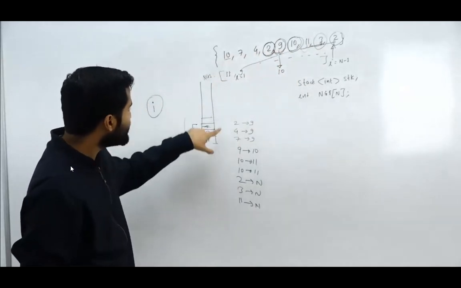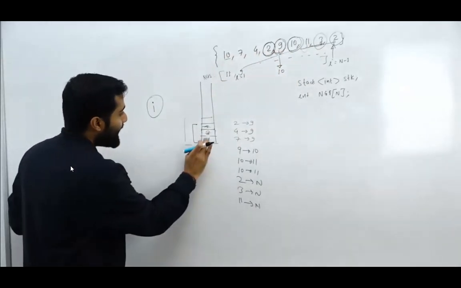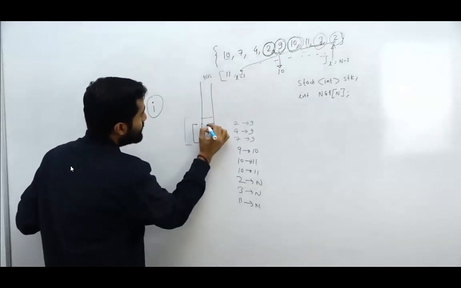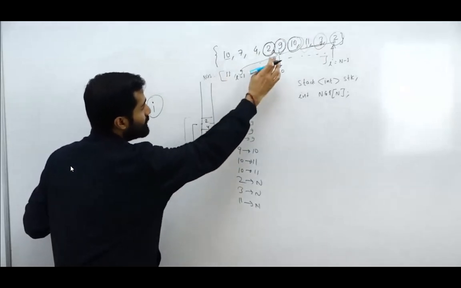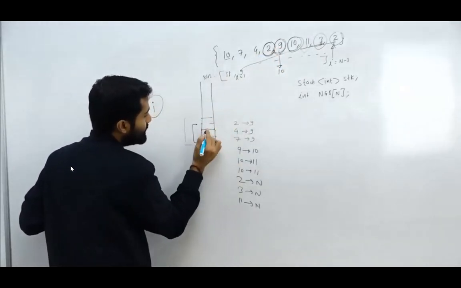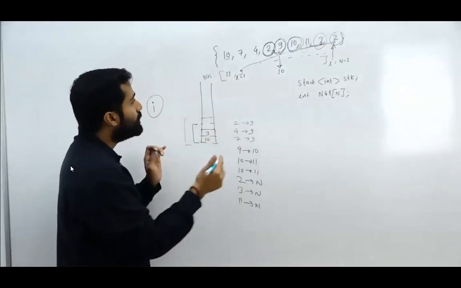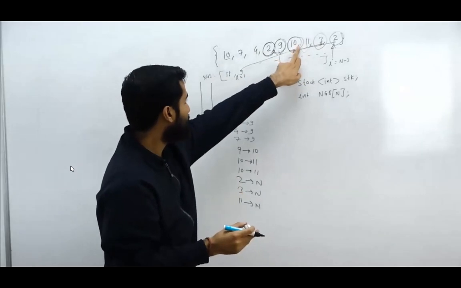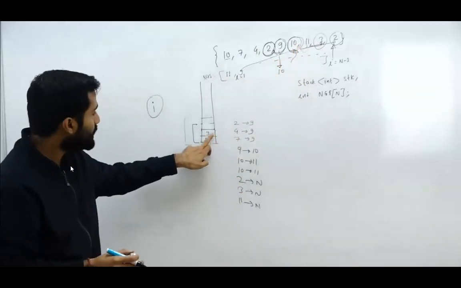Now, if you're using a stack, do you remember what had happened? In your stack, you had pushed 10, then 7, then 4, then 2. And when you saw this 9, you removed these, and then this 9 came here. Now, when you got this 10, you see 9 over here.